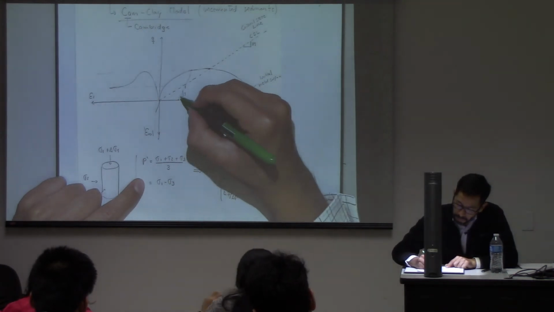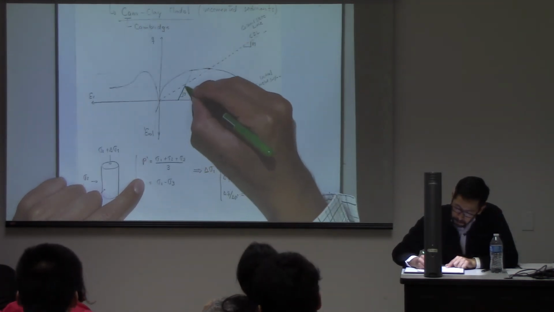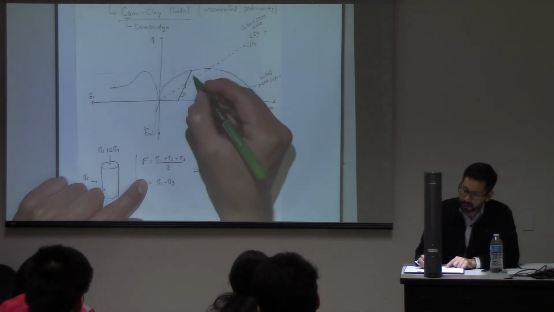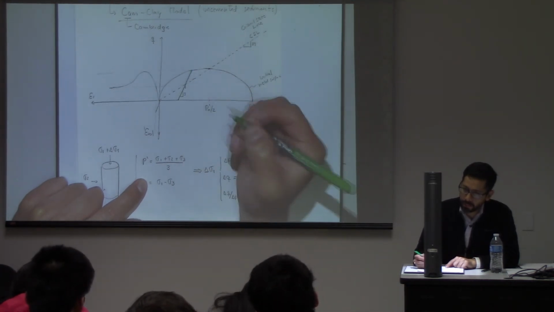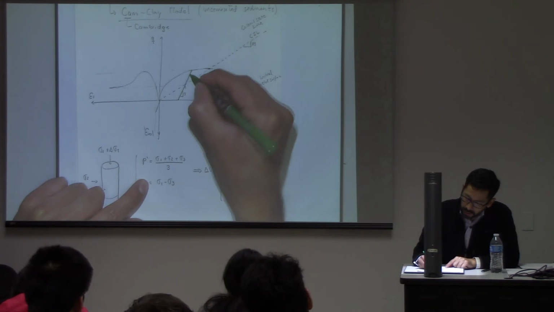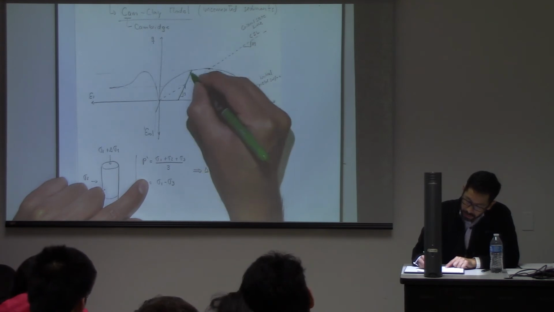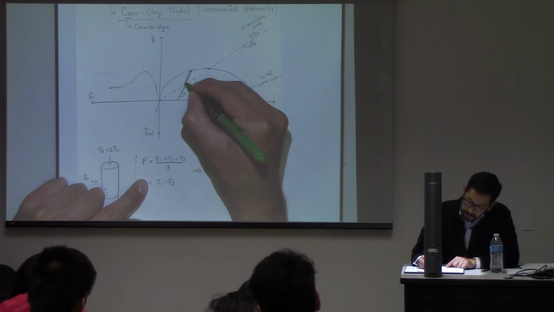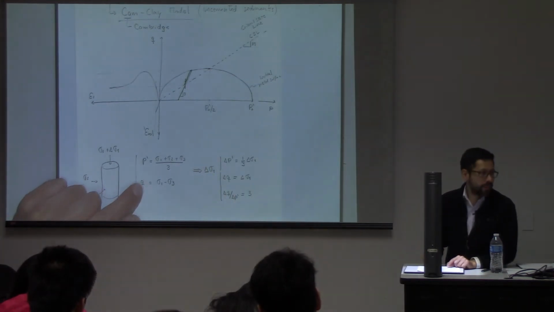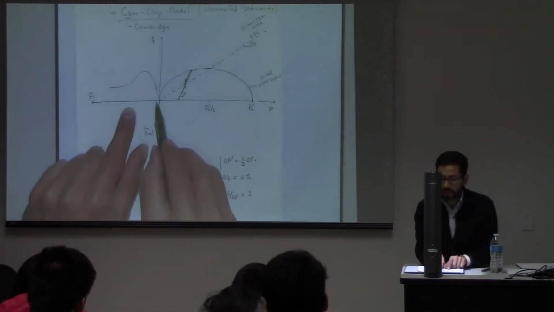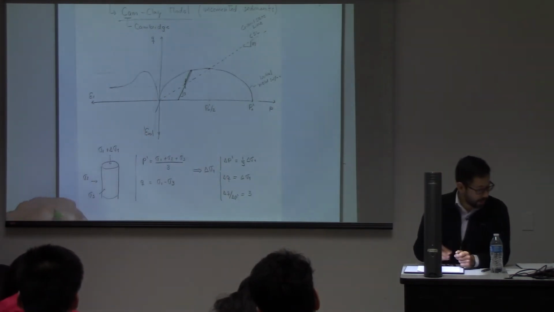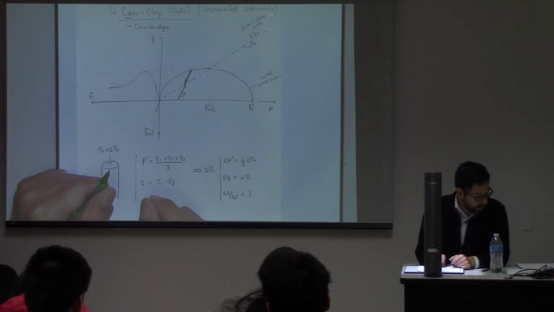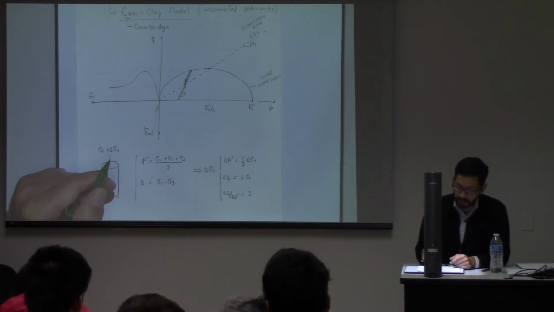So we can go up to there, we can pass that line, but we're going to be limited by this failure surface. And after this, you go down and you come back to that point. This is the typical response of what is called a strain softening material.